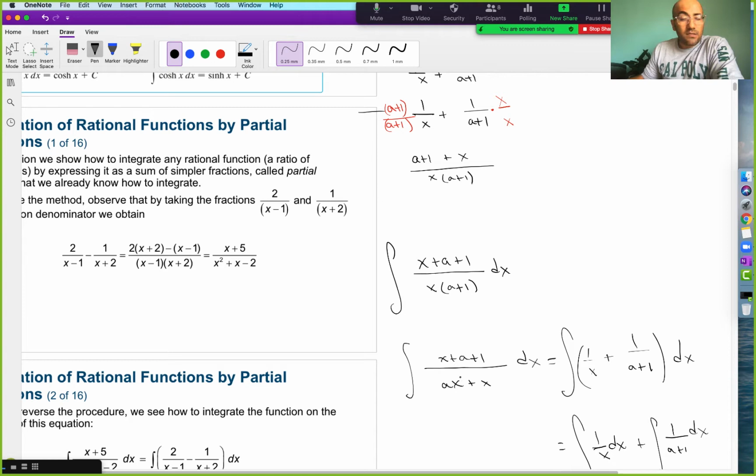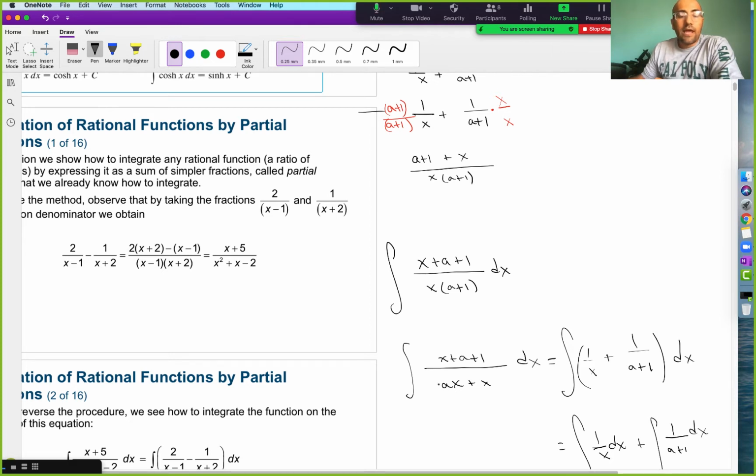But in some cases they're really, really ugly rational functions. So it might benefit us to break up that fraction into the summation and subtraction of smaller fractions, with the goal being that the integration of each individual piece might be easier than the whole pie.